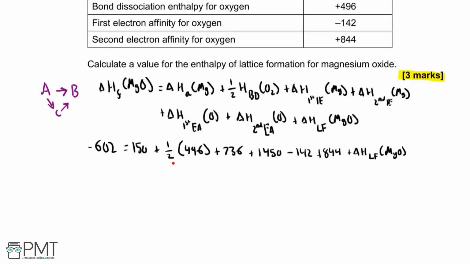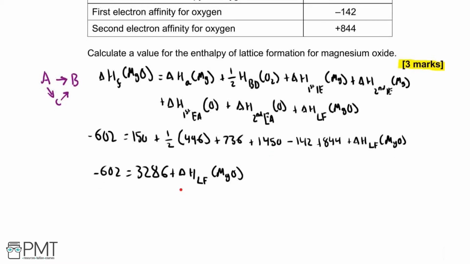So adding all of these numbers together on this side will simplify down to minus 602 is equal to 3,286 plus our lattice formation enthalpy. Then we're going to rearrange this in order to find our lattice formation enthalpy.